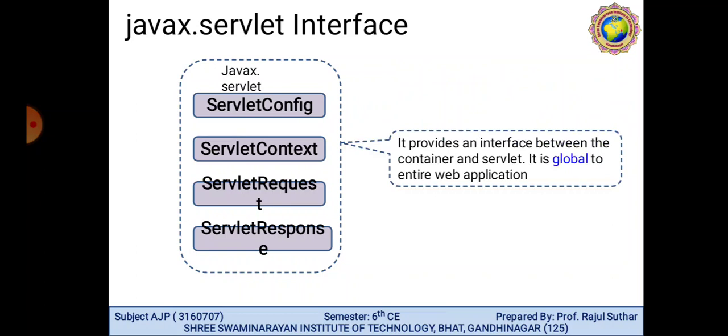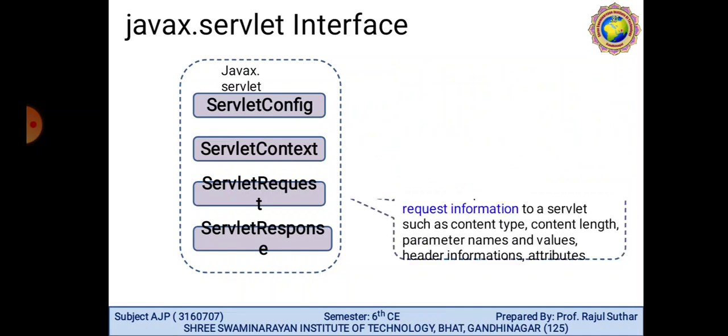Second, servlet context. It provides the interface between the container and the servlet. It requires the communication, and it is global to the entire web application. Then servlet request, which we are all familiar with.